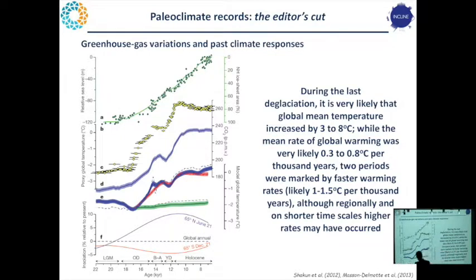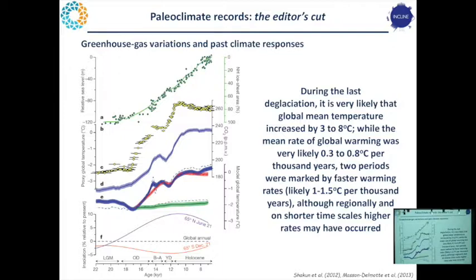So the oceans were taking up a lot of CO2. So much of the CO2 that was not in the atmosphere during the last glacial maximum or previous glacial maximums was mainly in the oceans.